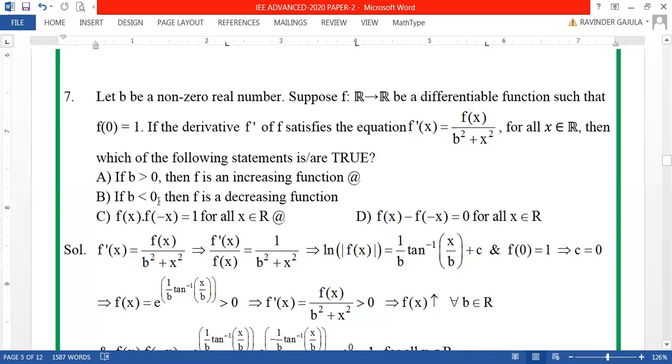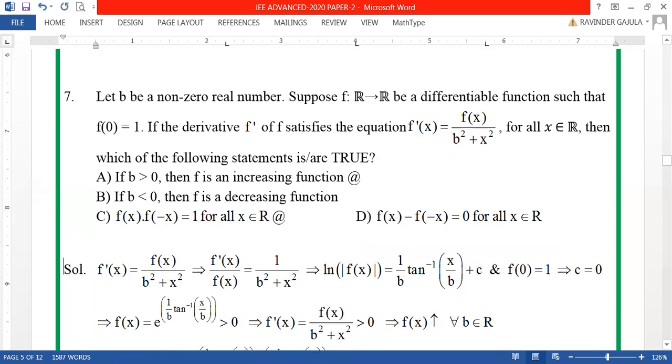If b less than 0, then f is a decreasing function. f of x into f of minus x equal to 1 for all x belongs to R, and f of x minus f of minus x equal to 0 for all x belongs to R are the given options here.